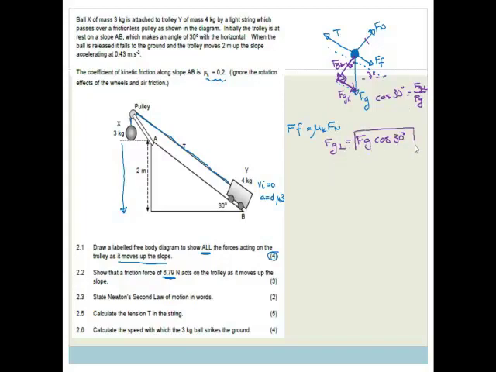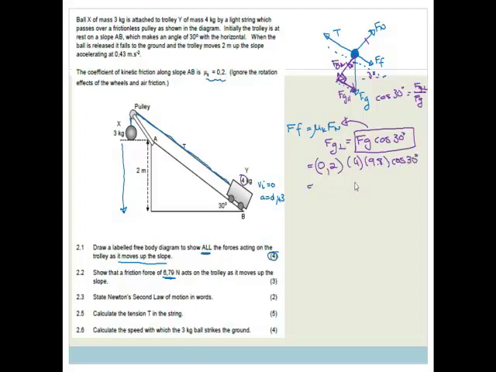But that there is the same as the normal force. So therefore the force of friction is going to be 0.2 times Fg, but that is the weight, which is going to be 4 kgs times 9.8 cos 30 degrees.